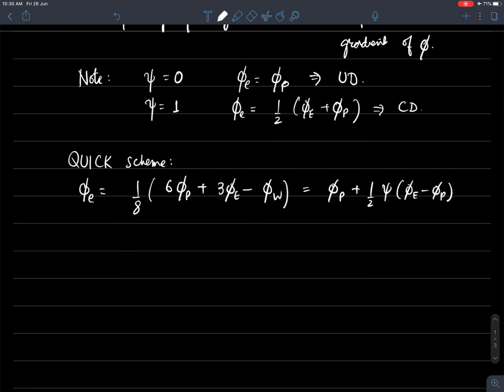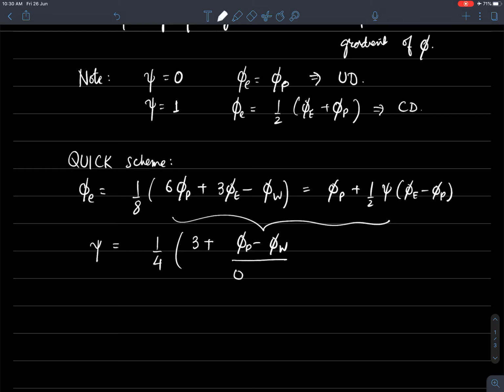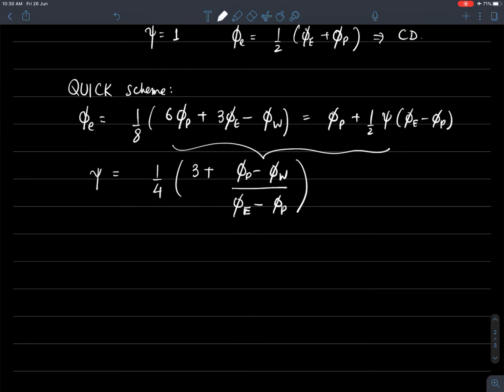So by equating this side, you can actually prove that psi will come out to be 1 by 4 into 3 plus phi p minus phi w by phi e minus phi p. This you can prove on your own.